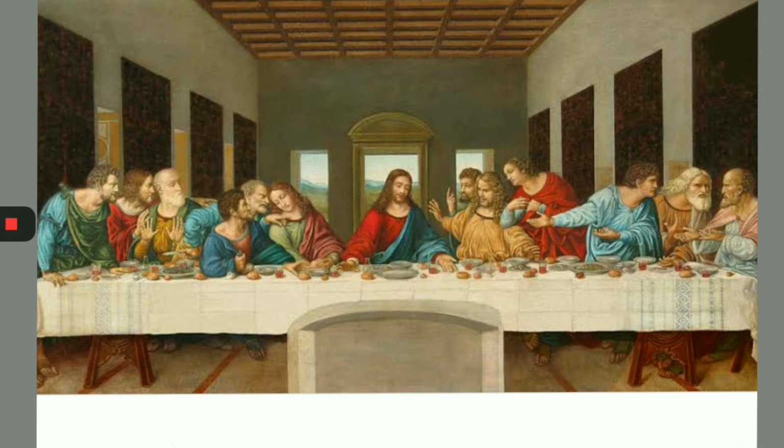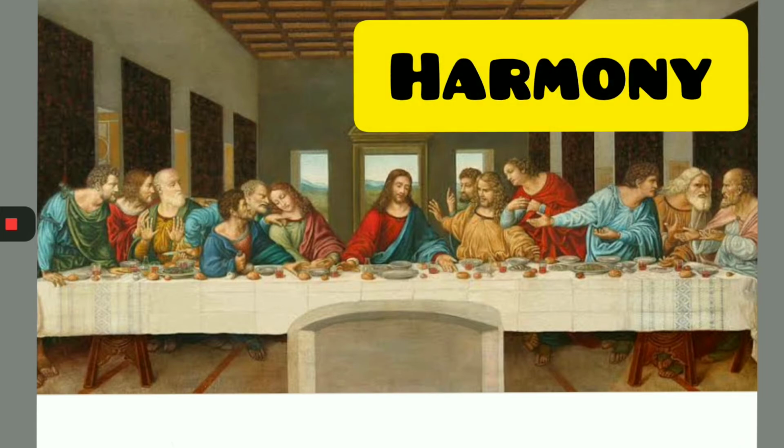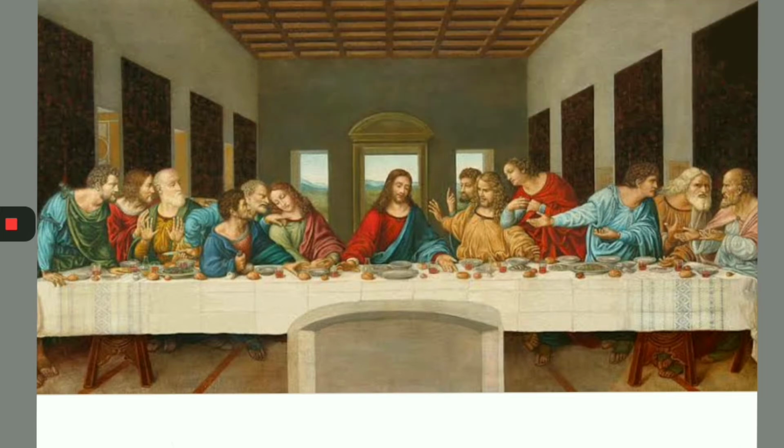Now let us study another principle of art, which is harmony. Harmony means using the same type of element in an artwork. Like the way we see monochrome paintings, which have been done with the same type of color.